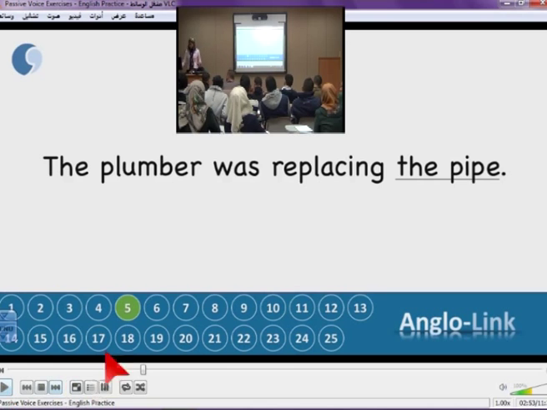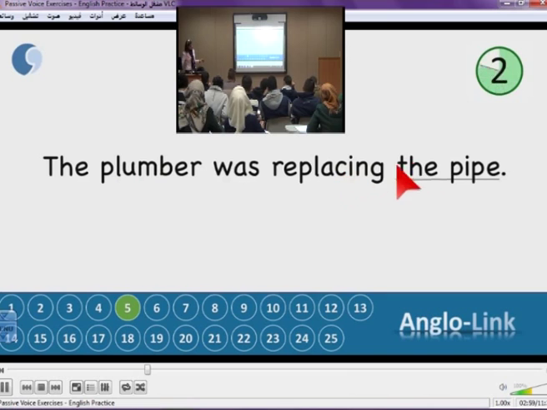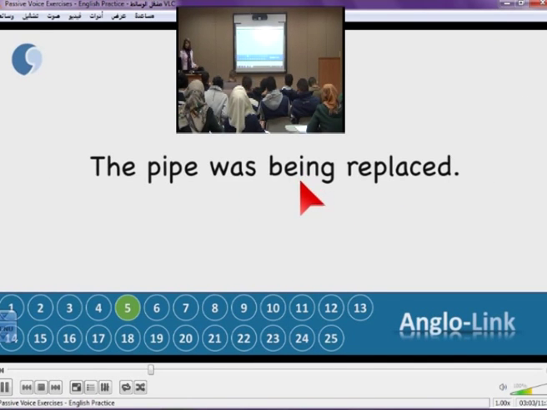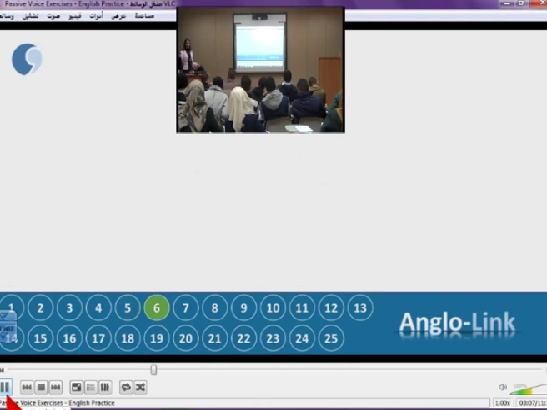Amira: Was being replaced. Yes, because this is the subject, and this is the object. The pipe was being replaced. Easy so far.